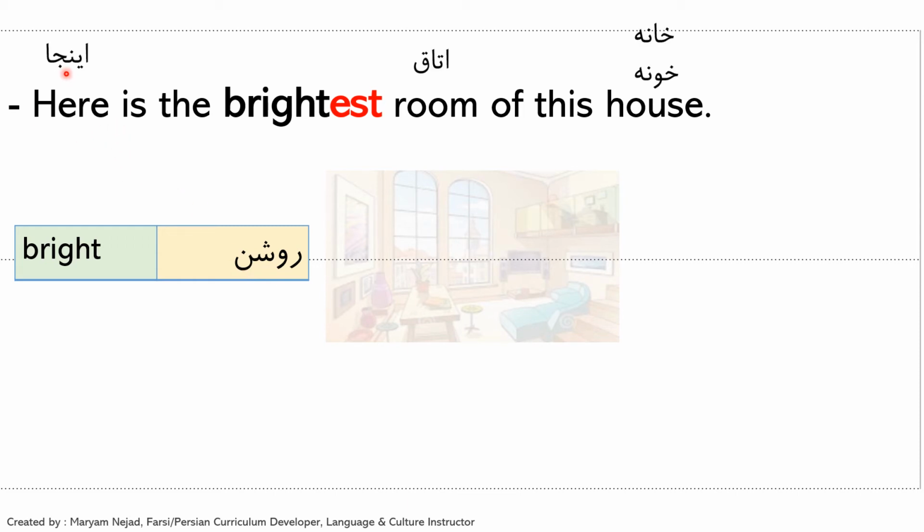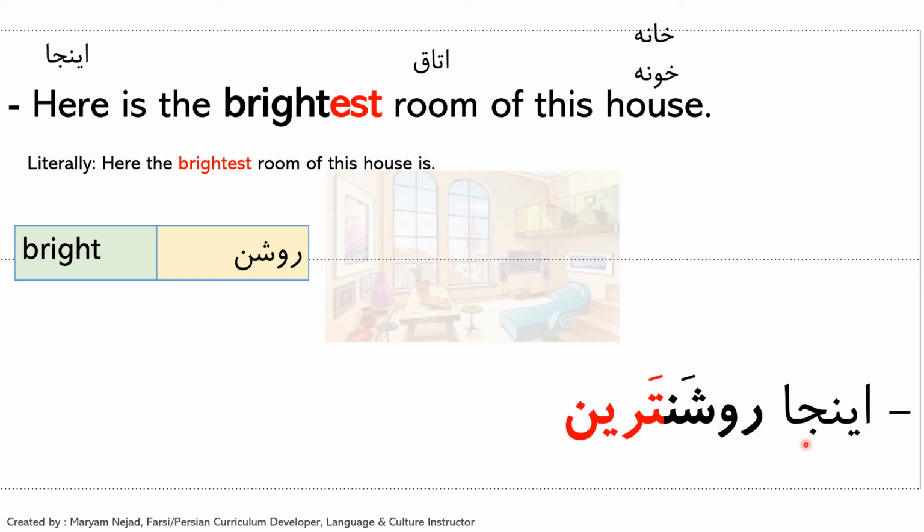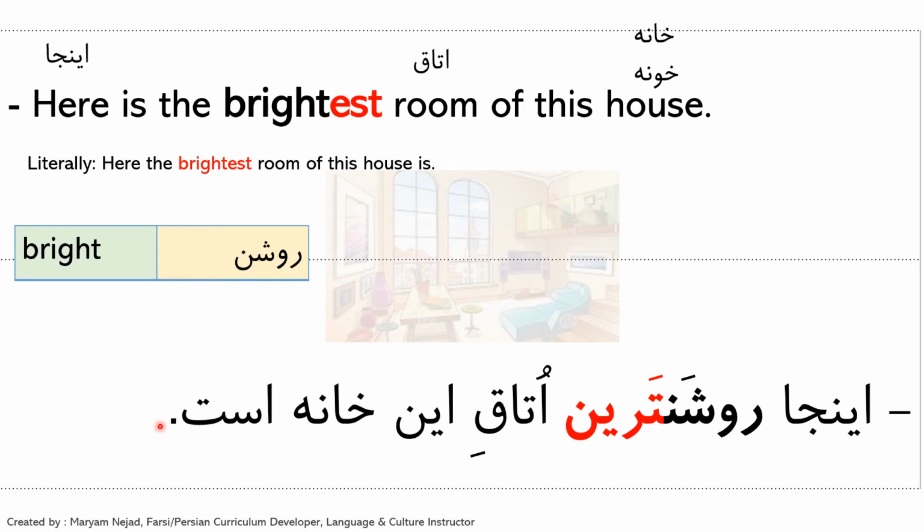So here is اینجا, room is اتاق, house is خانه, informal is خونه. So again, we do not flip the order of noun and adjective. So literally we need to say something like, here the brightest room of this house is. اینجا روشن‌ترین اتاق این خانه است.